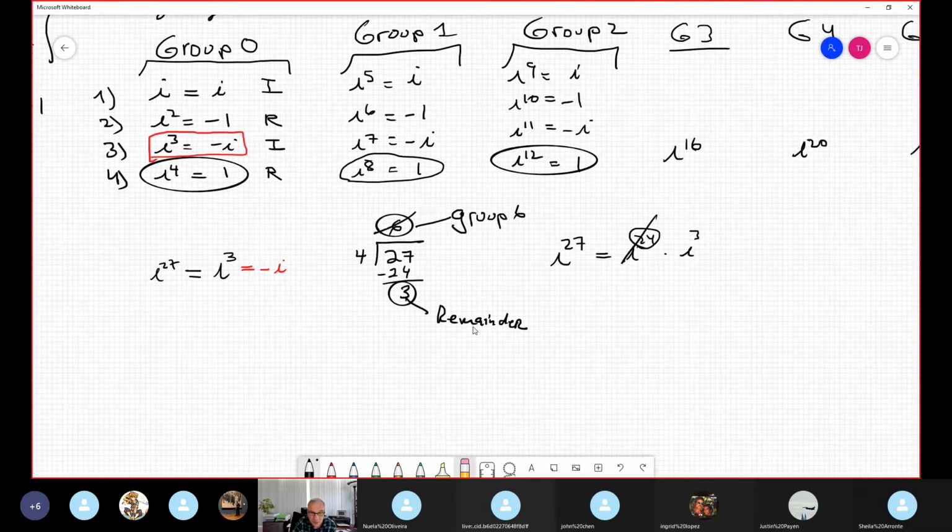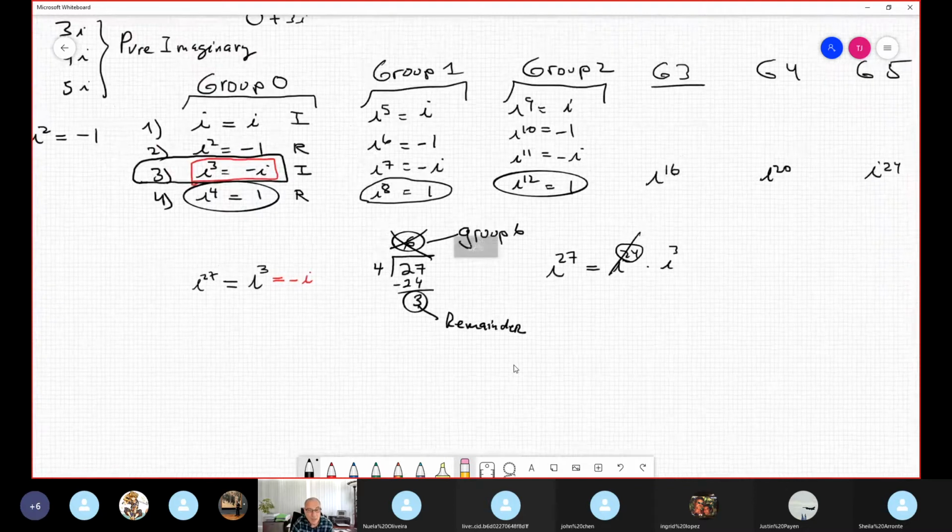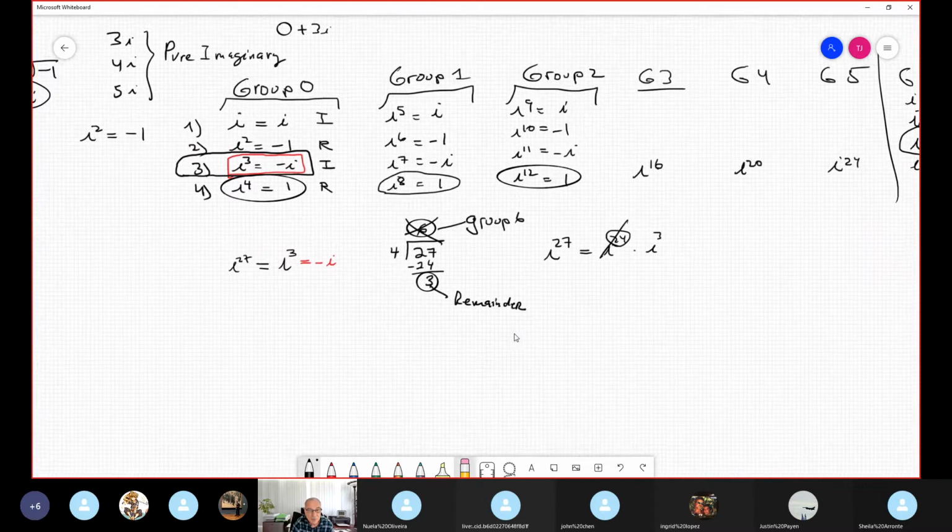The quotient is not important because I don't care in what group 27 belongs. Basically, I care in what position. So it is in the third position, and in the third position it is negative. Clear, or you need another example?